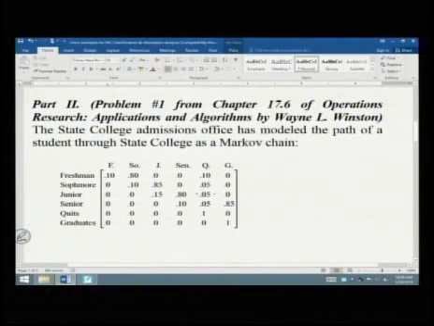So the next problem is extracted from another reference book, Winston's Operations Research book. So let me hand this out to you.